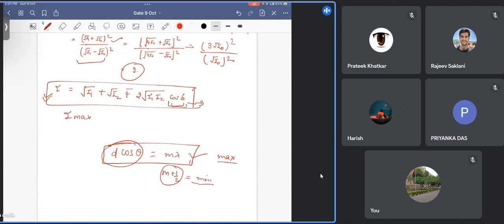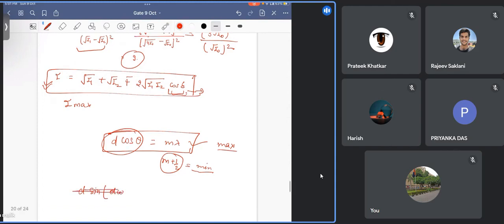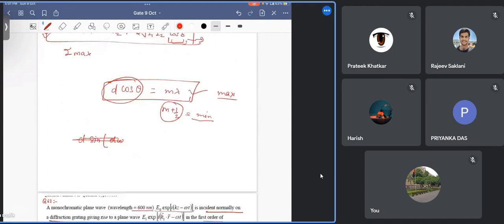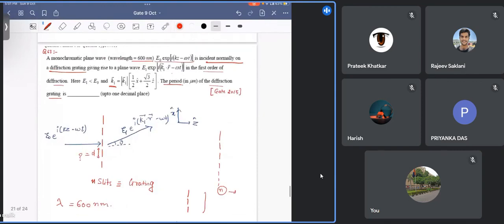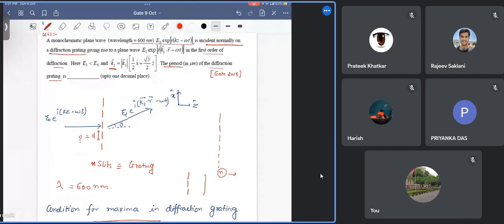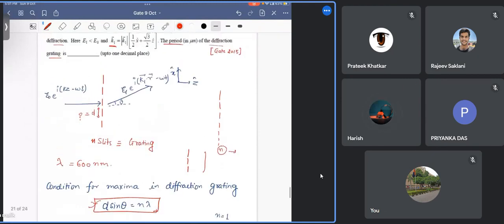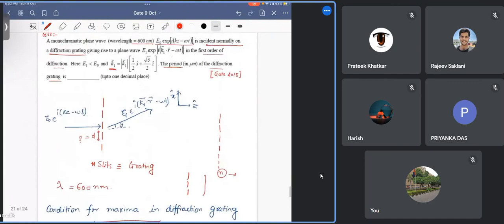But it is a function like d cos theta, and there is a whole expression from which this came. I do not remember it correctly. I will let you know in the notes, or maybe I will give you an NPTEL lecture link to help you understand how this expression is derived.